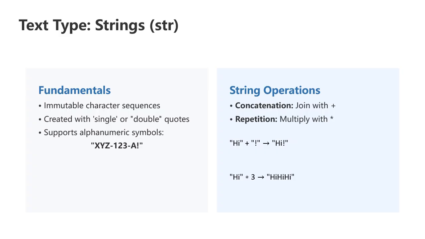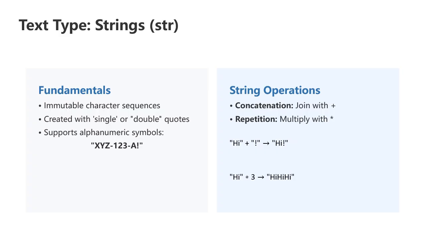Python allows us to manipulate these strings using operators you usually associate with math, but here they perform string operations. First is concatenation. By using the plus operator, we can join two strings together. As you see here, hi and an exclamation mark become a single hi string. Next is repetition.